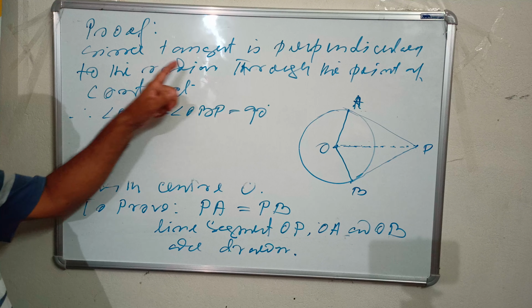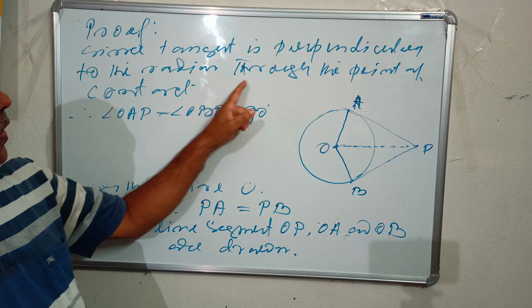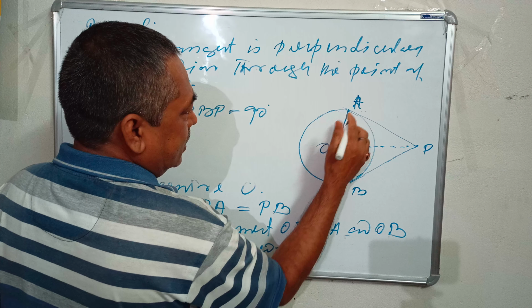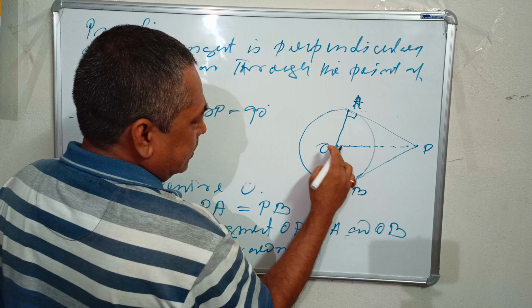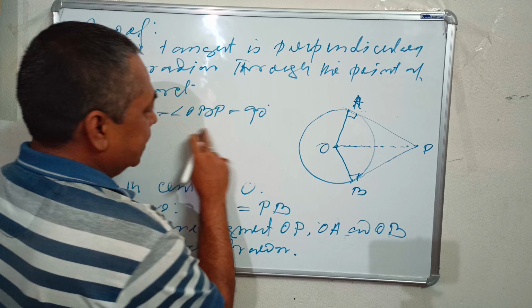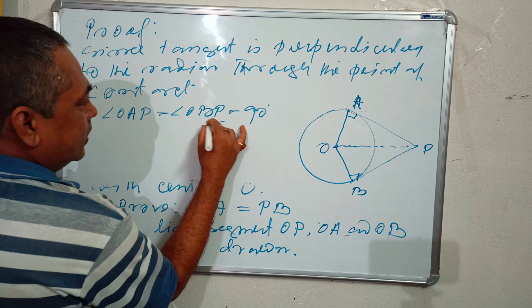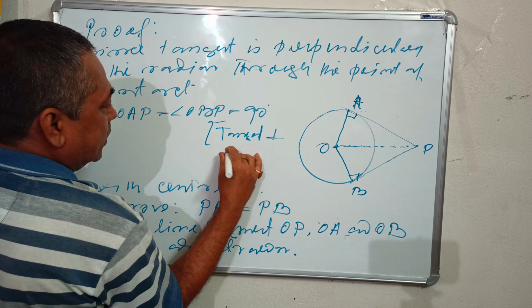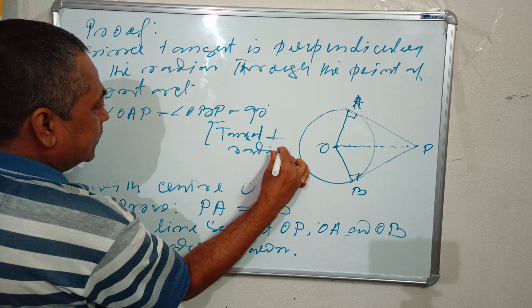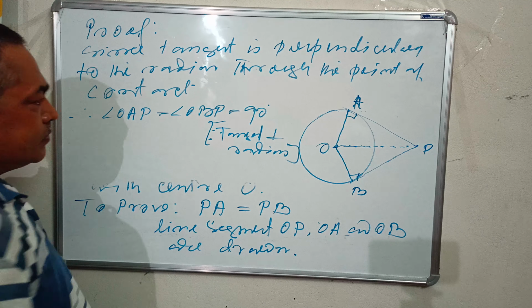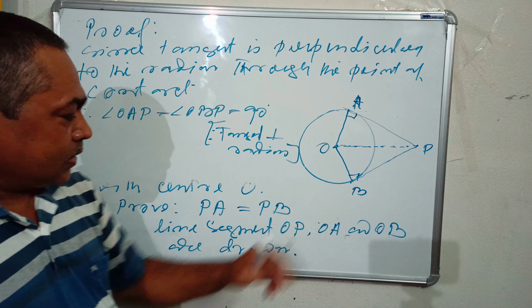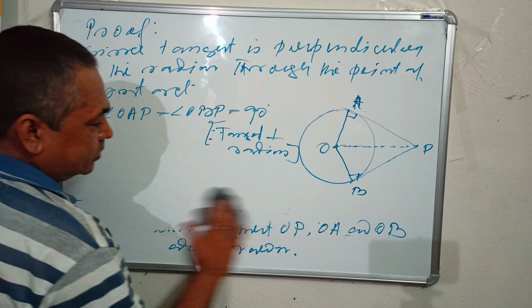Since tangent is perpendicular to the radius at the point of contact, this is tangent, this is radius, so this is 90. I am writing directly. Or here we can write the reason: tangent perpendicular to radius. Now what we'll do, we'll go to these two triangles and we'll prove these two triangles congruent.